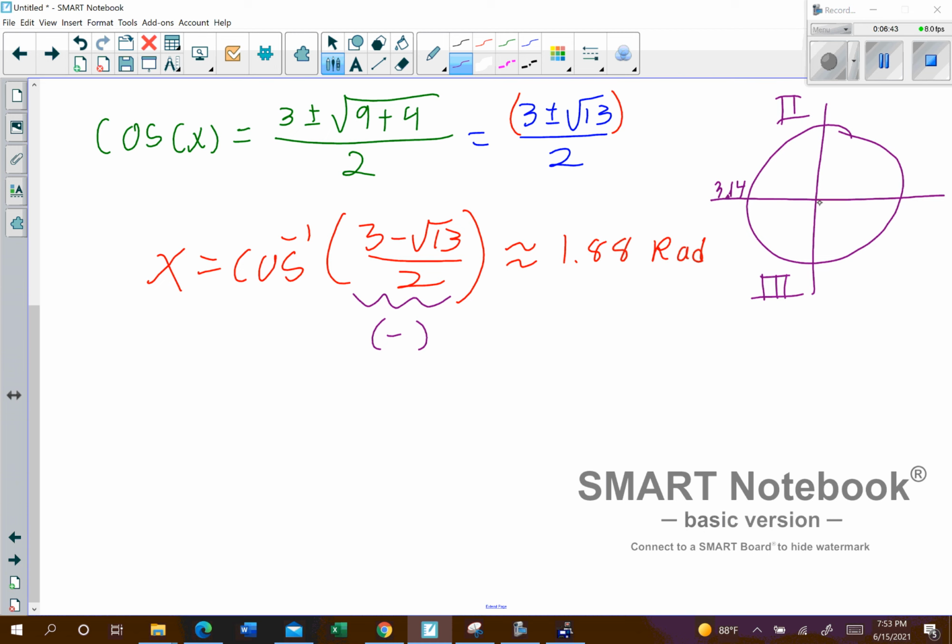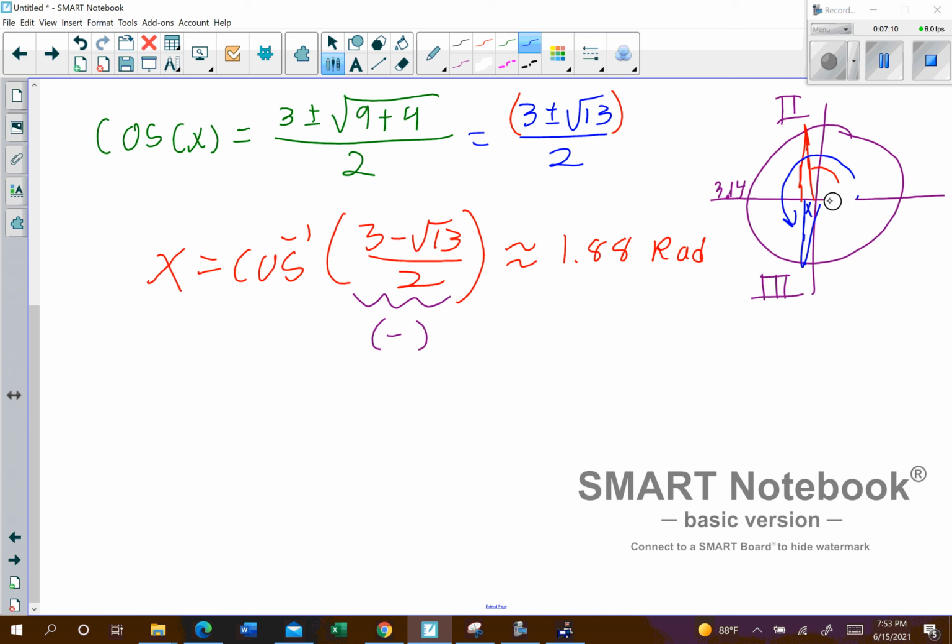So 1.88 is probably somewhere about right there. So that's the angle we're looking at, 1.88 radians. It's a rough sketch. And that's the x value right there, and that same x value would also be the angle right here.